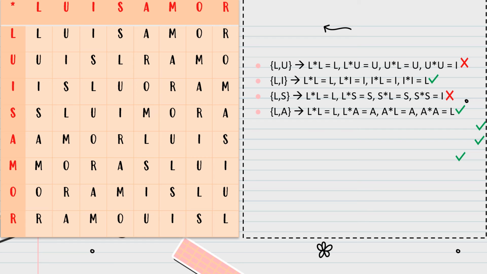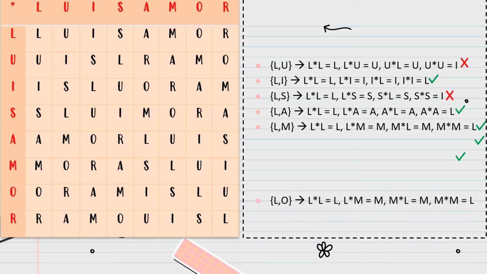L star L equals L, star A equals A, A star L equals A, and A star A equals L. And L is an element of {L, A}. Therefore, it is a cyclic subgroup. Another is {L, M}. L star L equals L, star M equals M, M star L equals M, and M star M equals L. And L is an element of {L, M}. Therefore, it is a cyclic subgroup.